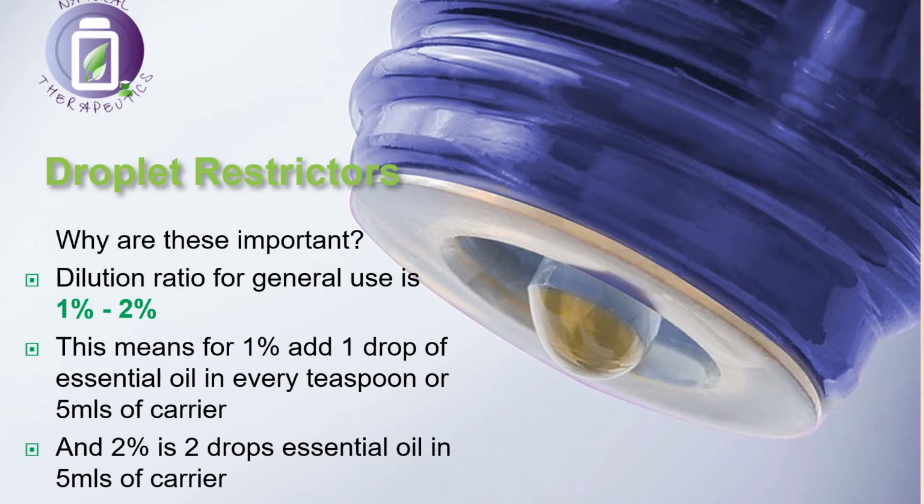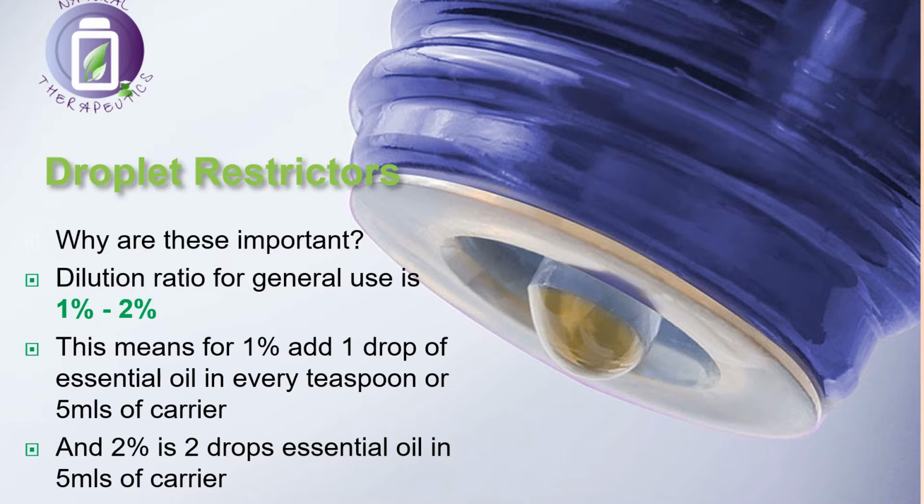When you are using essential oils, you will have noticed that they have a droplet restrictor on the top. Why are these important? Really it's twofold. One is that we use the droplet restrictors to help us count our drops when we're creating dilutions, and it gives a certain consistency, although you'll see that some droplet restrictor holes are bigger than others.